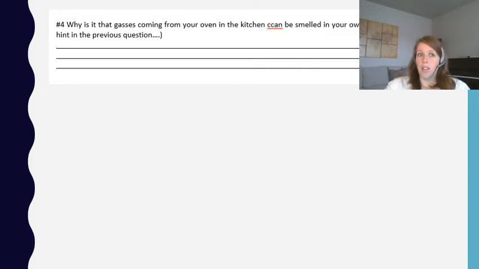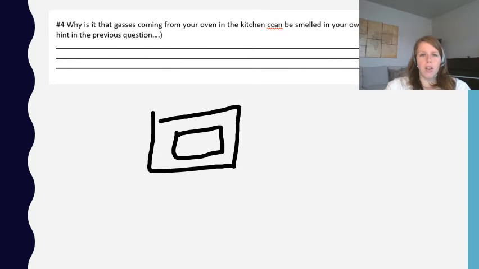We sort of touched on this in the last question, so there was a hint. Why is it that gases coming from your oven in the kitchen can be smelled in your own room? We have an oven, we have cookies inside, or maybe a purple cake, and these smells just go everywhere.